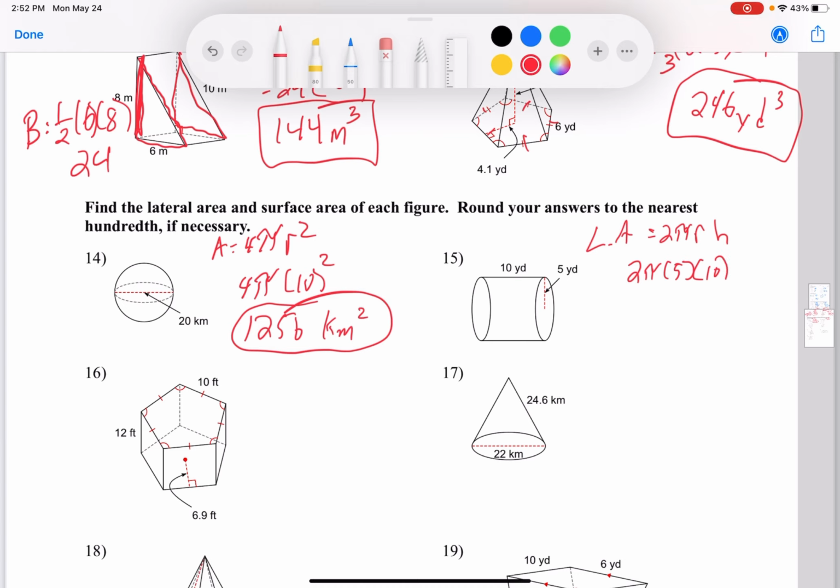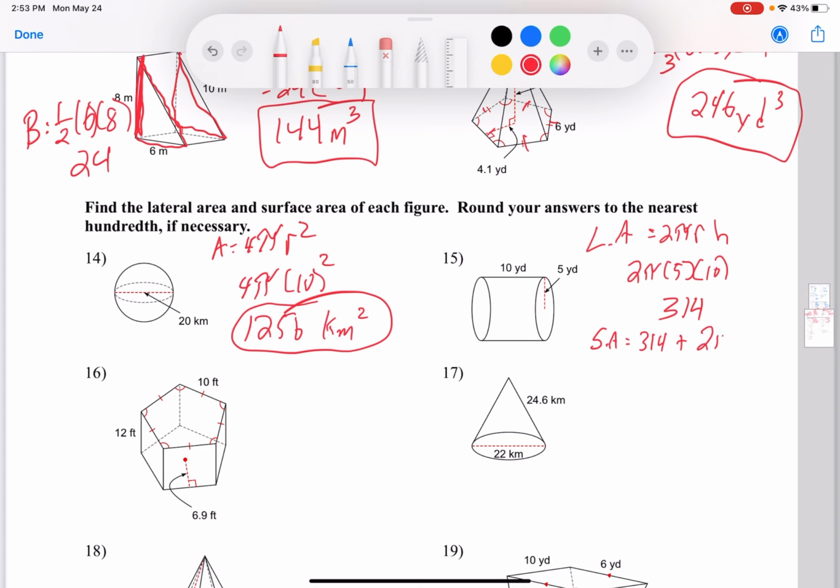This is our lateral area. It's 314. So then to find the surface area, it's our lateral area plus 2 times the area of the base.